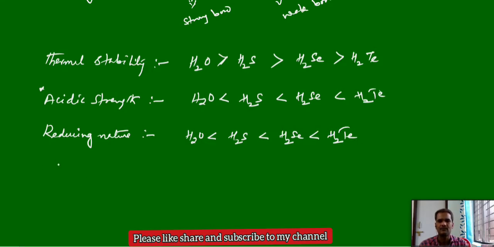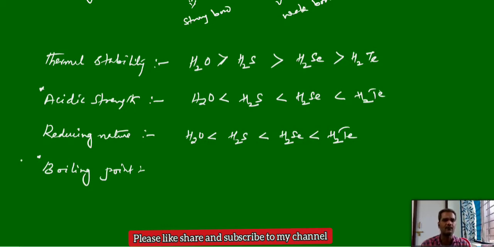Next, this is very important, boiling point. Boiling point order: generally, top to bottom, the molecular size increases, the weight increases, and van der Waals forces also increase. The boiling point should increase top to bottom. But again, water is an exception. Due to the hydrogen bond, water is in the liquid form, and the remaining are gases.